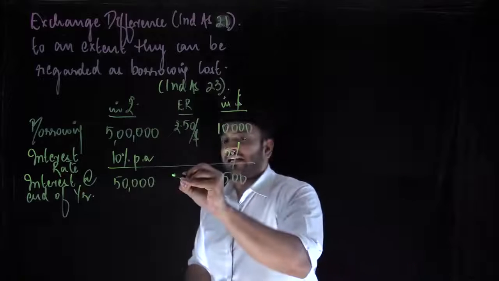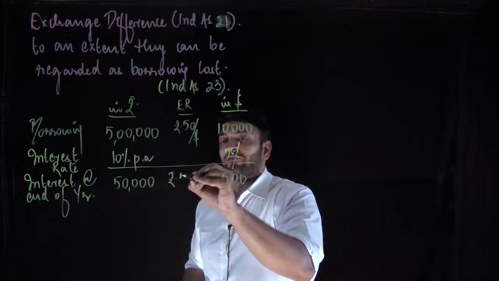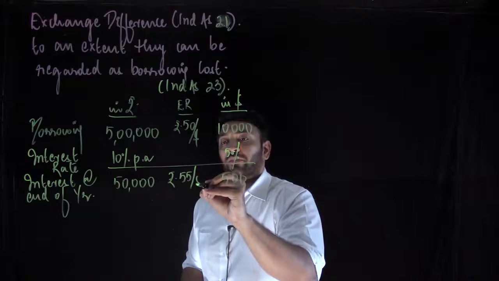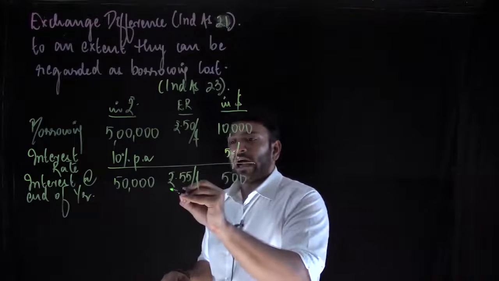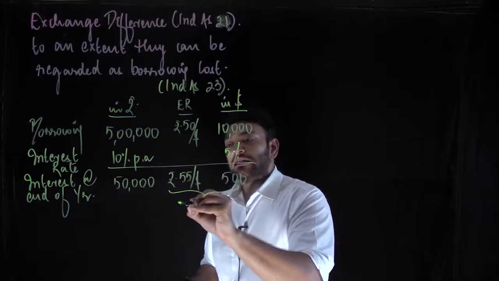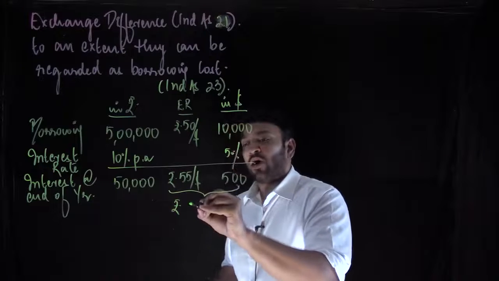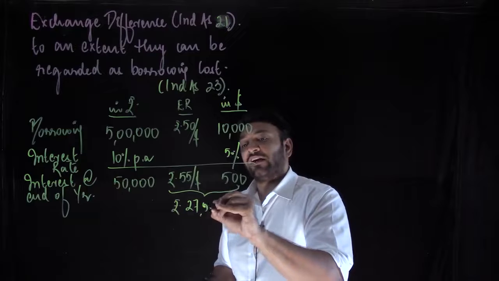Let's say the exchange rate at the end of the year was about 55. I have to pay $500 at 55 rupees, so my rupee equivalent amount will be 27,500.